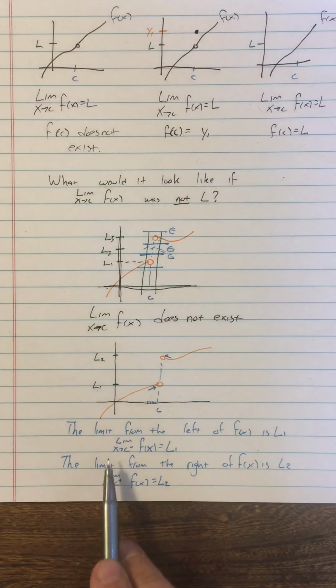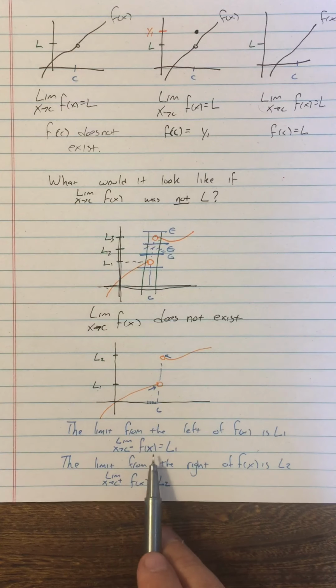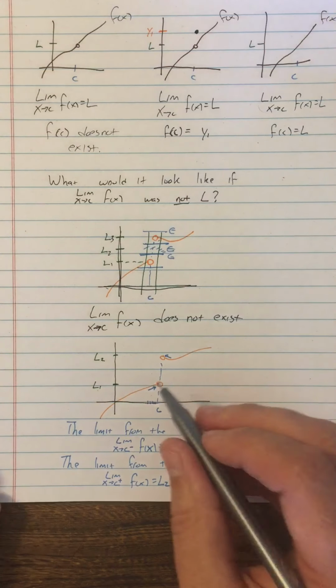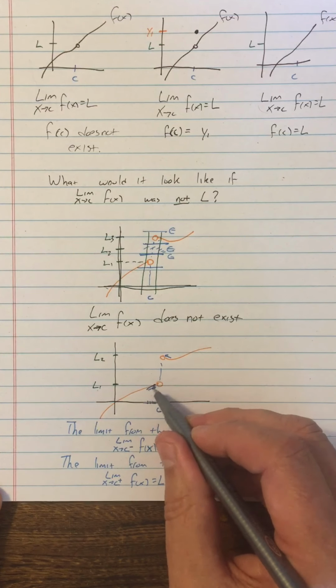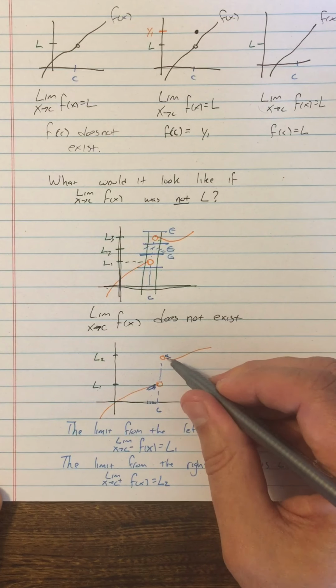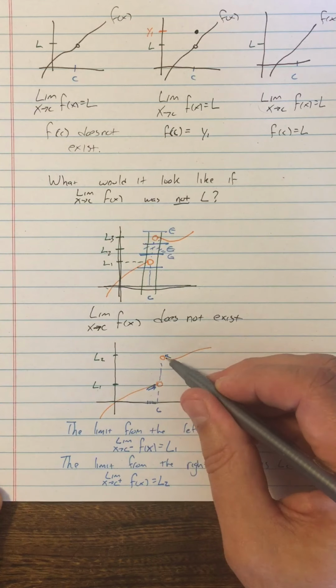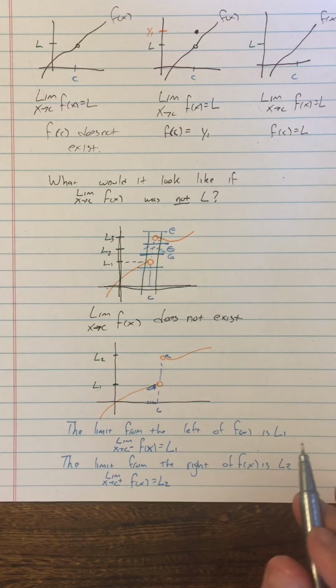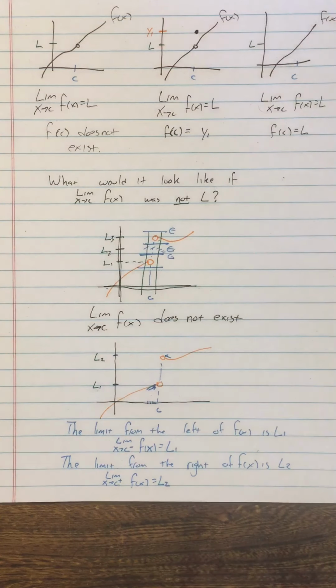So this is saying the limit as x approaches c from the left of f of x is L1, and the limit as x approaches c from the right of f of x is L2. What it means is, as the x values come from the left, the y value we come to is L1. As the x values come from the right to c, the y value that we approach is L2. We'll talk a little bit more mathematically about what exactly that means in the next video.